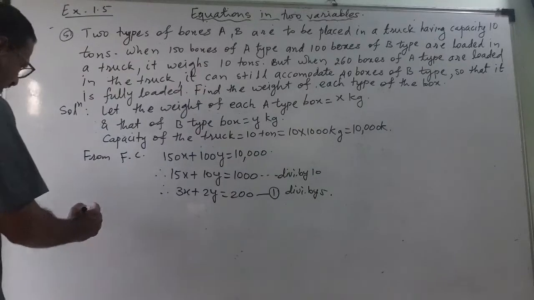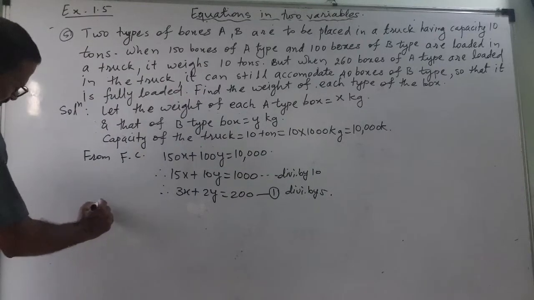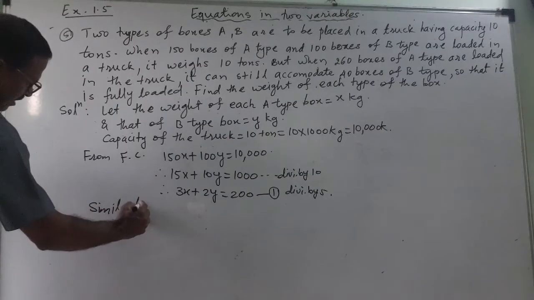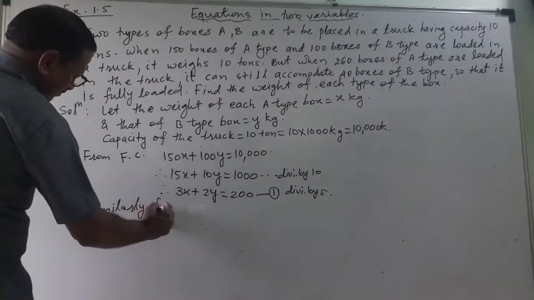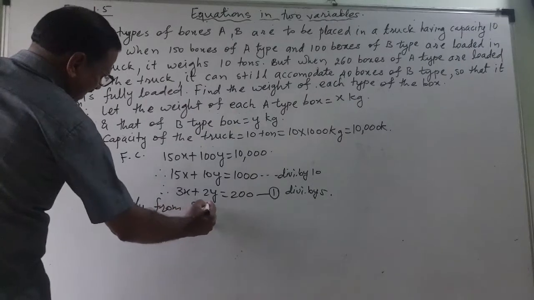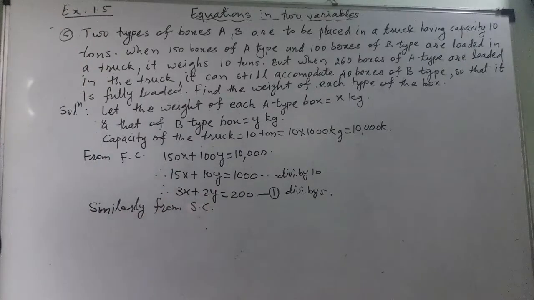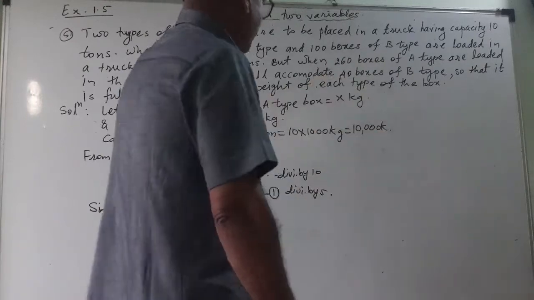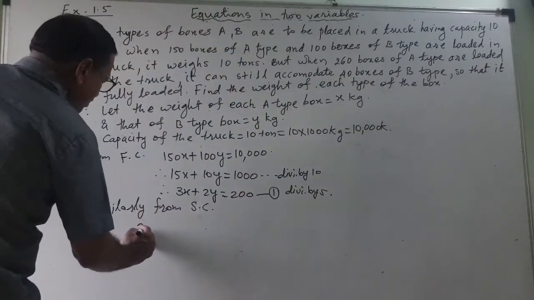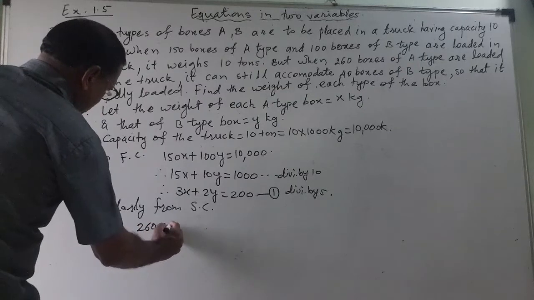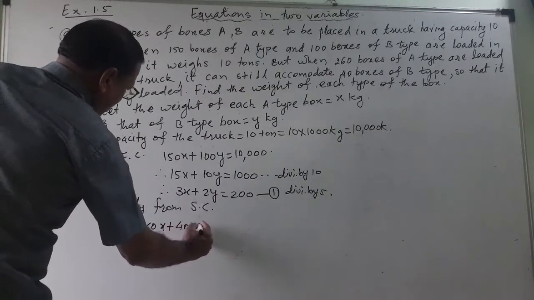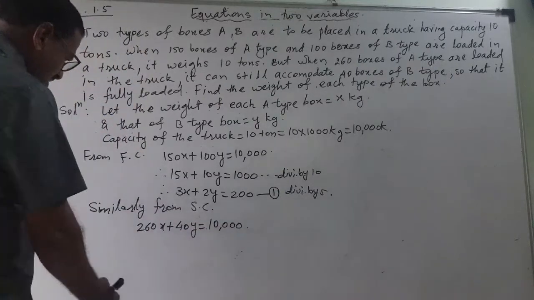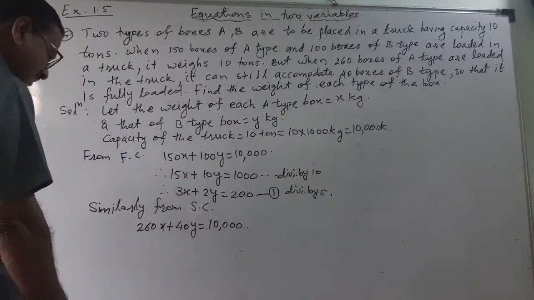From the second condition, similarly, in the second condition, what is that? 260 of A type and remaining 40 of B type. So 260x plus 40y is equal to, still the weight will be 10 tons. So first of all divide by 10.